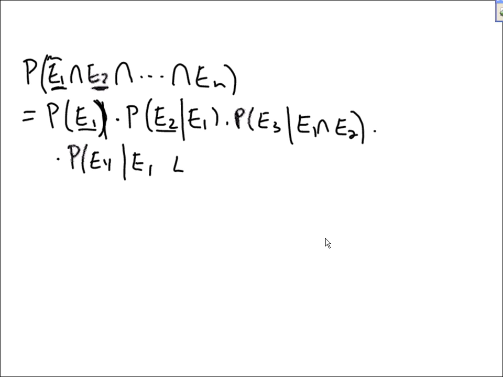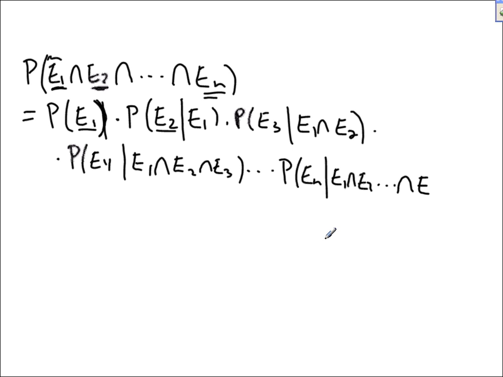Before E4 are E1, E2, and E3. The intersections of those. Dot, dot, dot, up to En. The probability of E sub n, given the ones before that: E1 intersect E2, all the way up to E sub n minus 1.